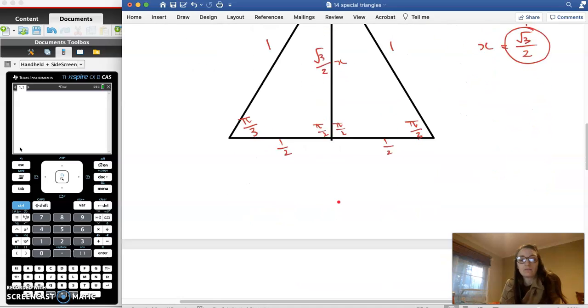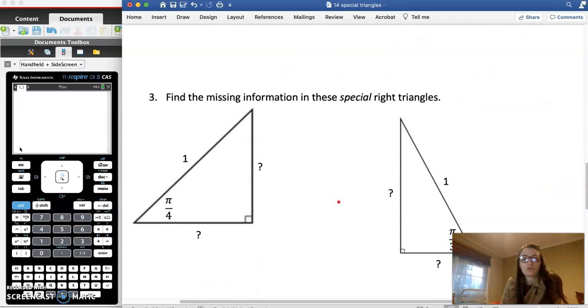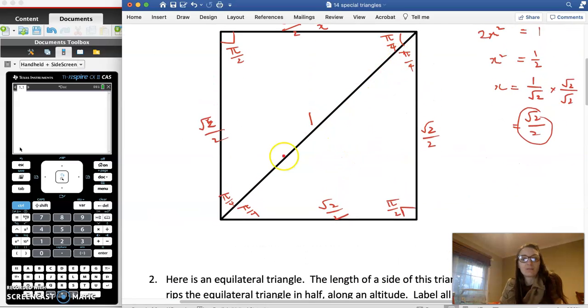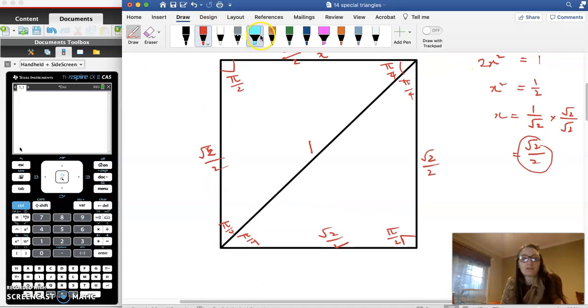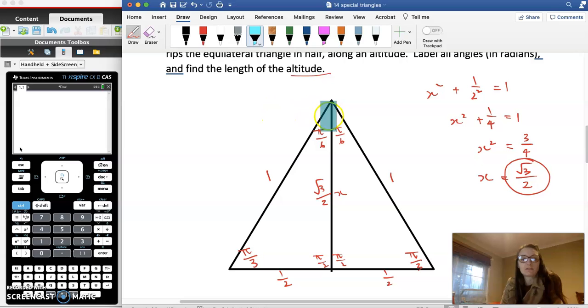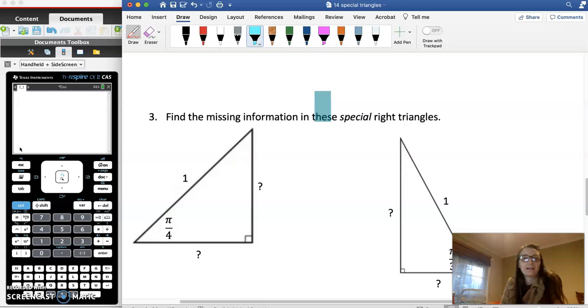Okay, so our special triangles are, this triangle up here is one of our special triangles, and then this is one of our special triangles. I'm just going to draw them again up the top of this page to help us.